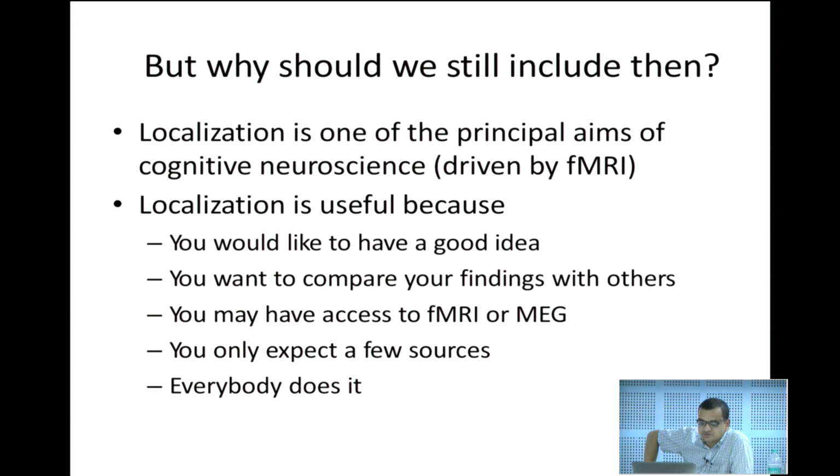And the third is somewhat practical: we know that current EEG localization is less than accurate, as you will see, but it can be improved if you have an MRI of the participant. If you have access to fMRI, or even combine with MEG, your spatial accuracy would be improved. And the fourth is that localization is reasonable if you are expecting a few sources, a few dipoles.